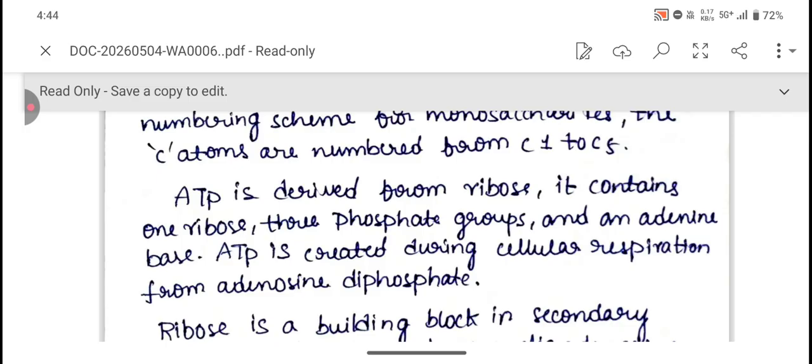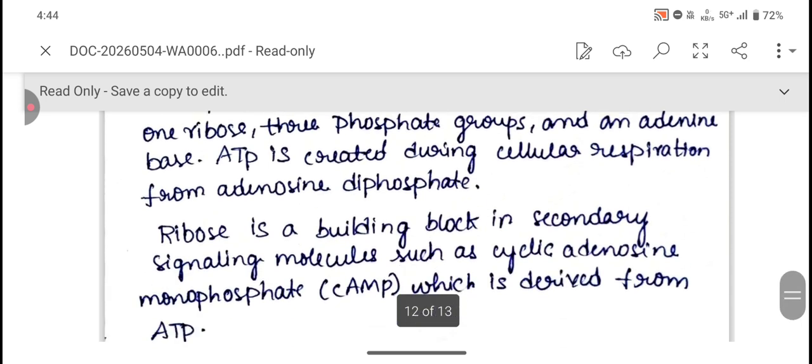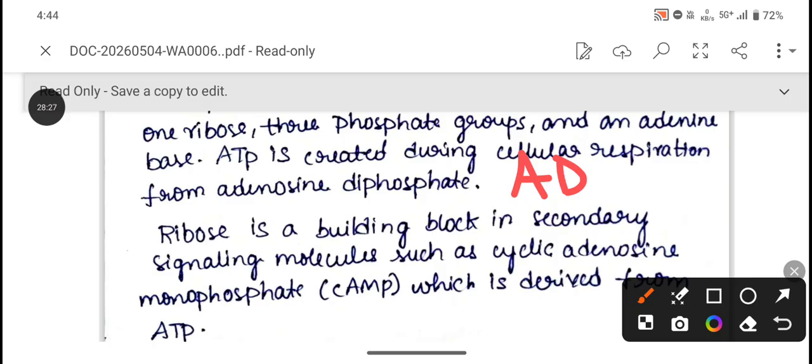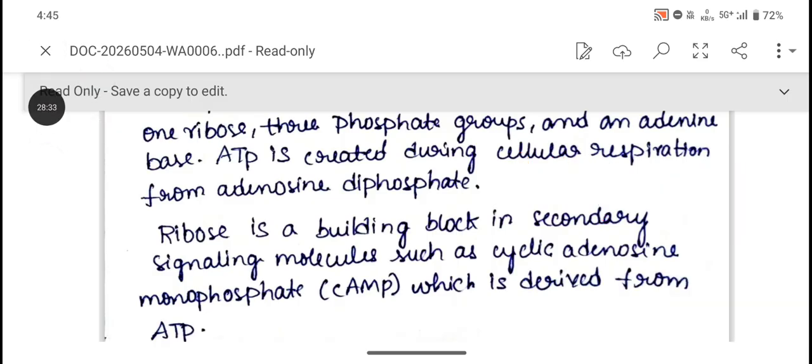So the ATP is produced during cellular respiration. How does the cellular respiration occur? As I have mentioned, the stored form of glucose in the tissues gets oxidized to produce energy in the form of ATP. So upon cellular respiration, the ADP will be converted into ATP upon the addition of 1 phosphate to the structure.